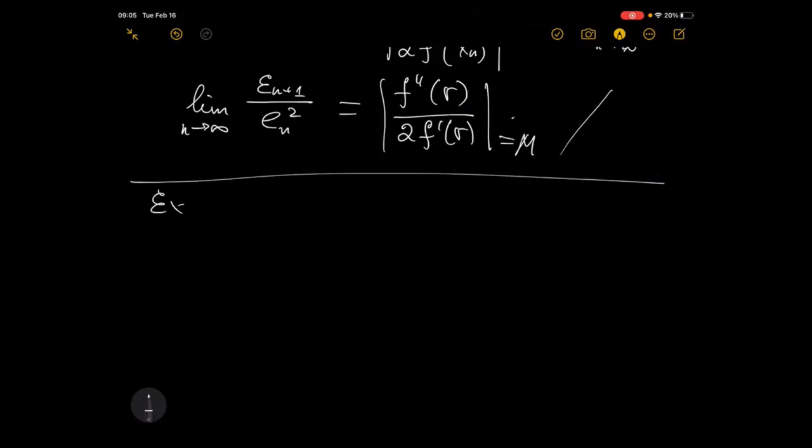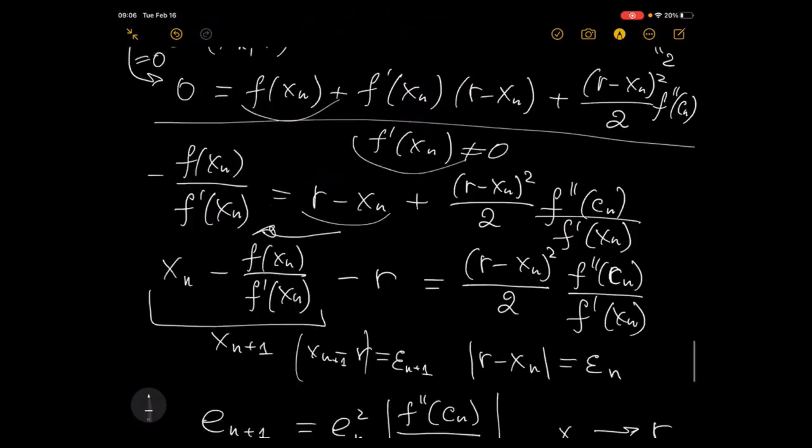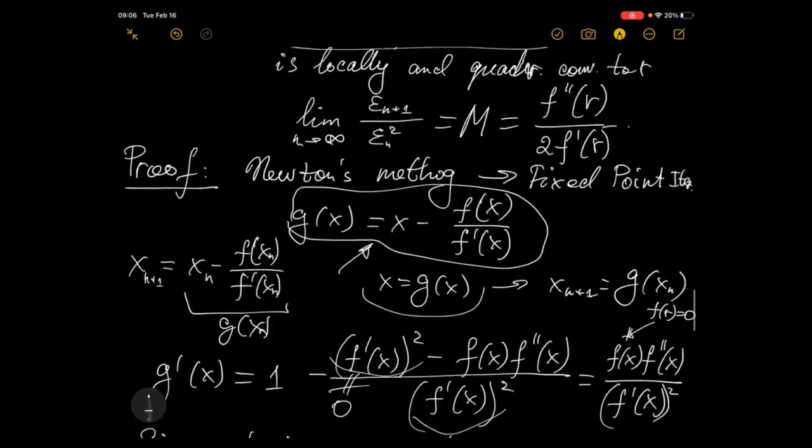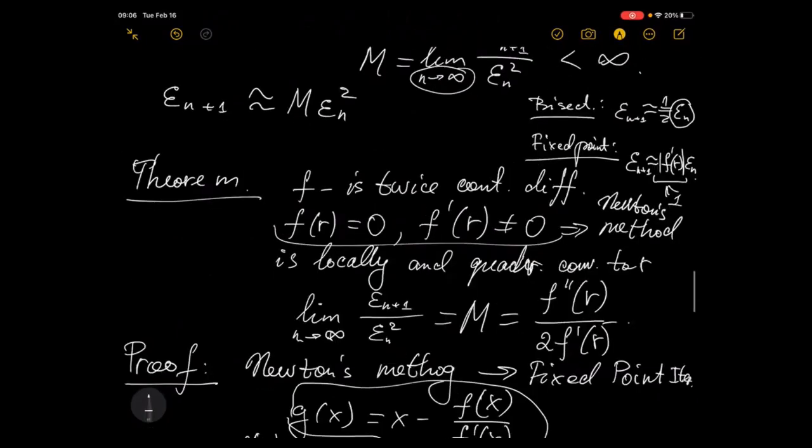Now let us consider the following problem. F of x equals x squared. Obviously the previous theorem is not applicable here. Could you tell me why? Which condition of the theorem is violated? F prime of r is equal to 0 in this case.